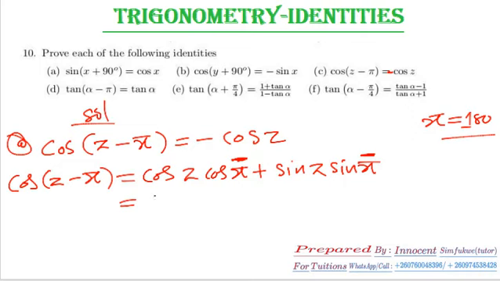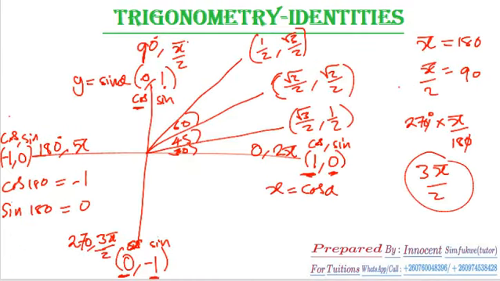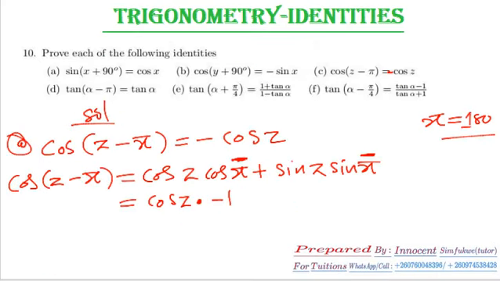So you just have to maintain cos z, then multiplied by what is cos 180. Cos 180, that's -1. If you can remember, this is cos 180, this is -1, and then sine 180, that's 0. So this is what I want you to know.